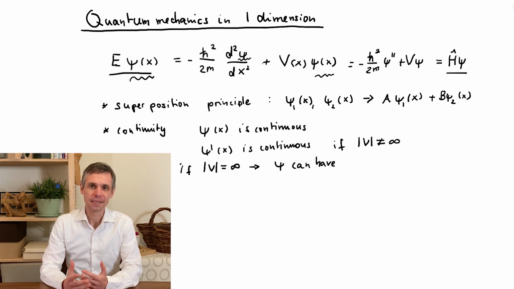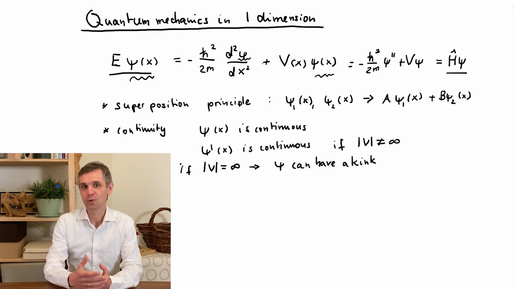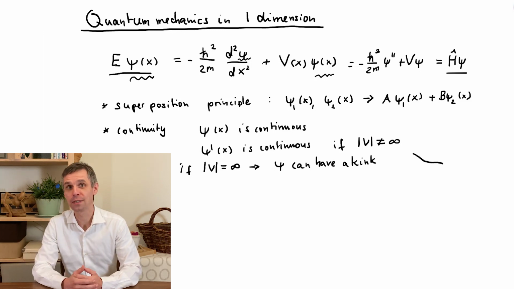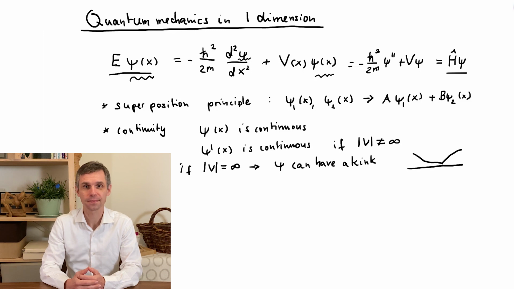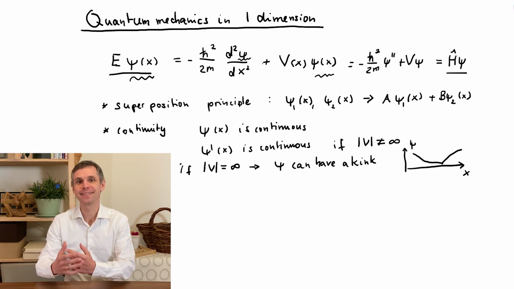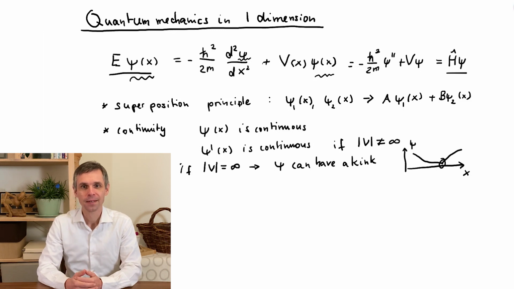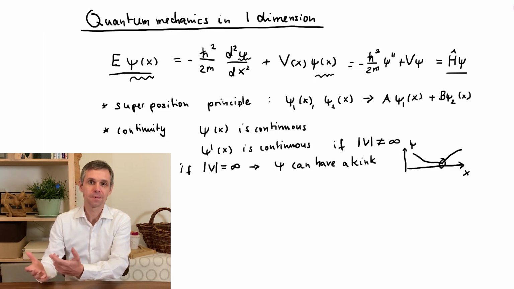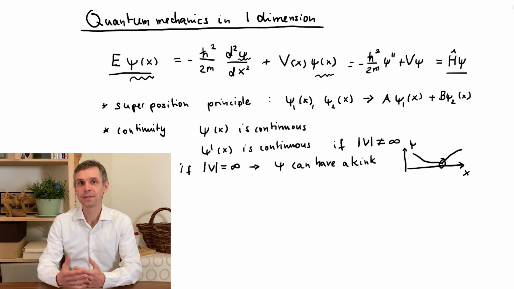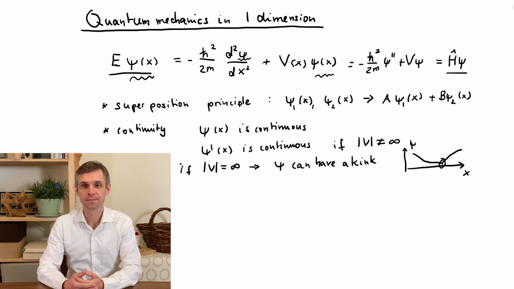So if V is infinite at a certain point, then at this particular point psi can have a kink, which means it can change smoothly and then suddenly change into a different direction as a function of x. Which means exactly that the derivative is making a jump at this place. So psi itself might look like this with this kink here, where the derivative is making a jump.